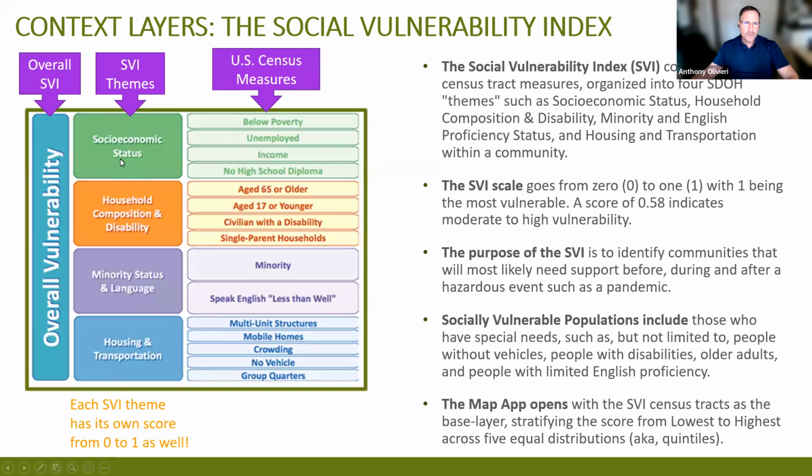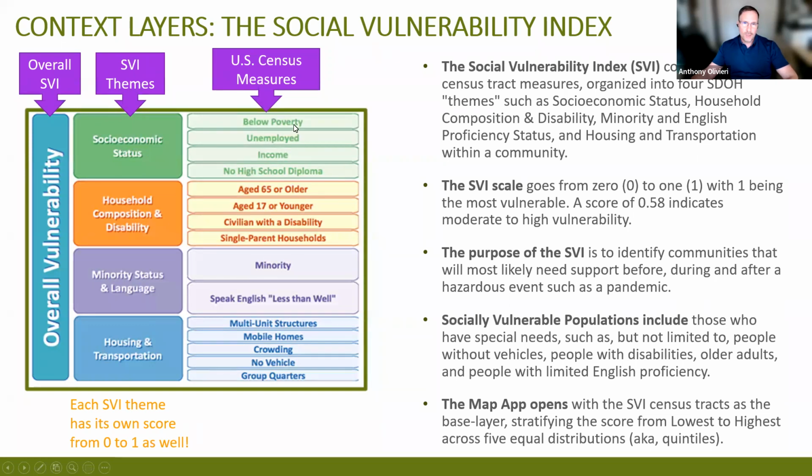Each of these themes is comprised of a subset of US Census measures. For socioeconomic status, it's a score of 0 to 1 for below poverty, unemployment, income, and no high school diploma, where 1 is the most vulnerable, 0 is the least vulnerable.